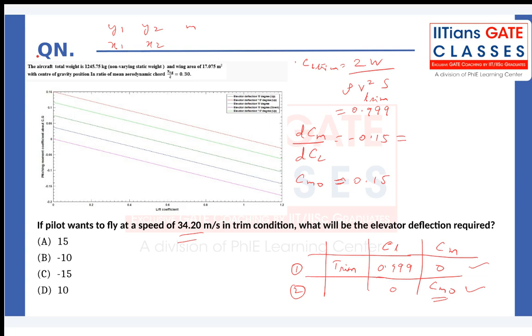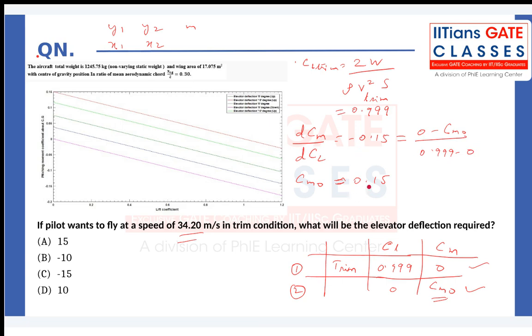I'll just write it for completion's sake. You have 2 points, dCm by dCL, so 0 minus CM naught over 0.999 minus 0. You can get CM naught as approximately 0.15.